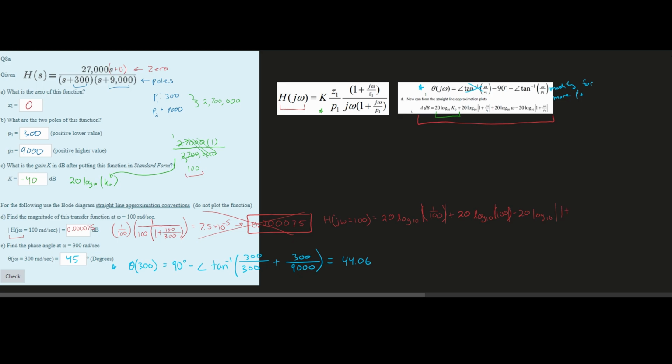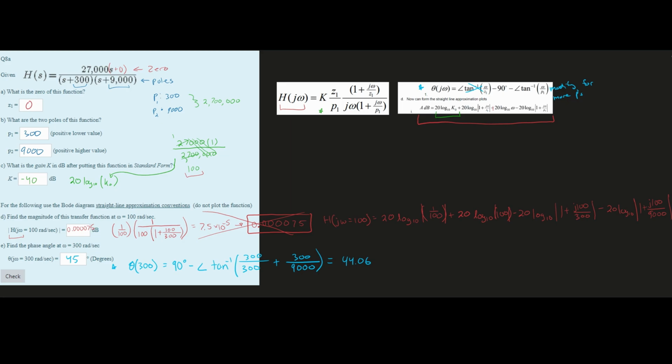This is going to be the 100, so we'll have a j times 100, divided by our p1, which is 300, and then we have to do a minus 20 log base 10 of the next p, so we'll have a 1 plus j 100 over our p2, and our p2 is 9,000. And so this is going to be the proper equation.